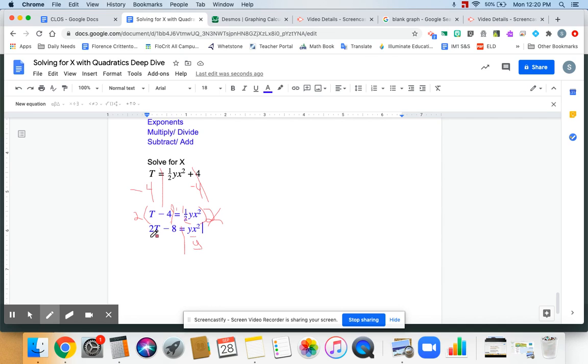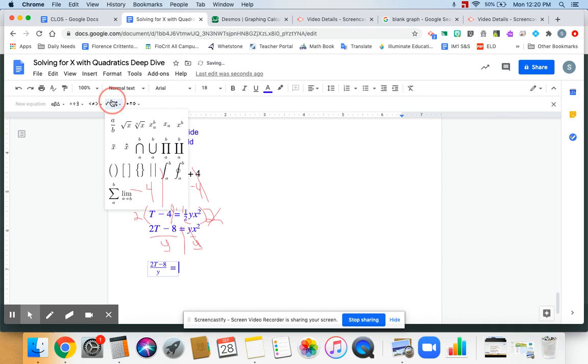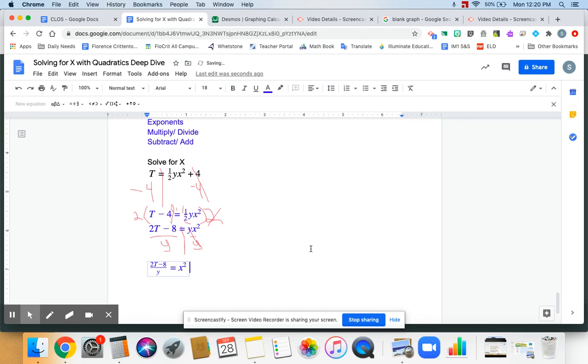So I have to divide both of my sides by y. Because this isn't a y and the 8's not a y, I can't actually combine any of that together. So this y divided by y will eliminate. However, on top now I have the 2t minus 8, and it's getting divided by the y. And that's going to equal, now that my y is canceled, my x squared.